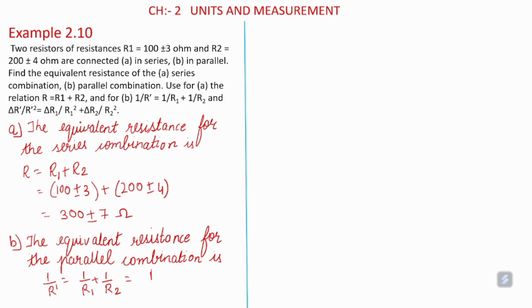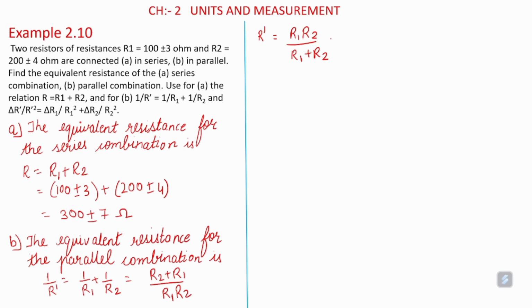So for this we can write R2 plus R1 upon R1 into R2. Here we have cross multiplied simply. 1 into R2 will be R2 plus 1 into R1 will be R1, and upon R1 into R2. Now here we have 1 upon R dash, but we need to find R dash. So we will take the reciprocal of it. So 1 upon R dash will become R dash, and R2 plus R1 upon R1 into R2 will become R1 R2 upon R1 plus R2, right?